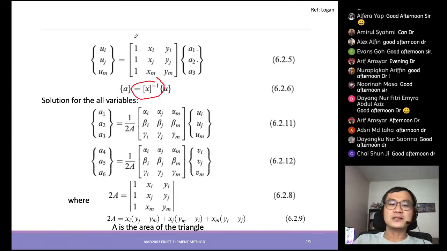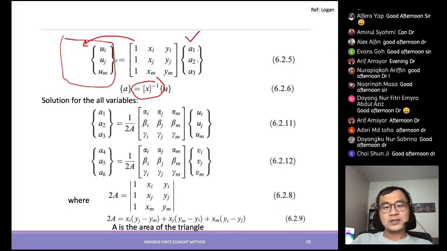So this matrix, when we take the inverse of it, meaning we move it to the other side, then when we solve this particular part, we would know A1, A2, and A3. Same thing for A4, A5, and A6, with a simplification of 1 over 2A. This is because of the inverse matrix.